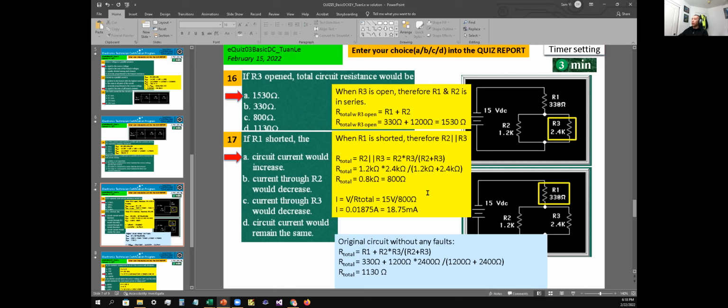I did a calculation here. If you remove R1, you've got R2 parallel with R3, which comes out to 800 ohms, and you do the calculation, that comes to 17.75 milliamps. So you've got an increase in current.